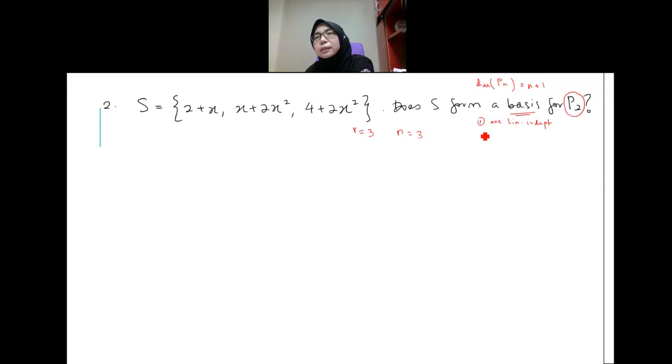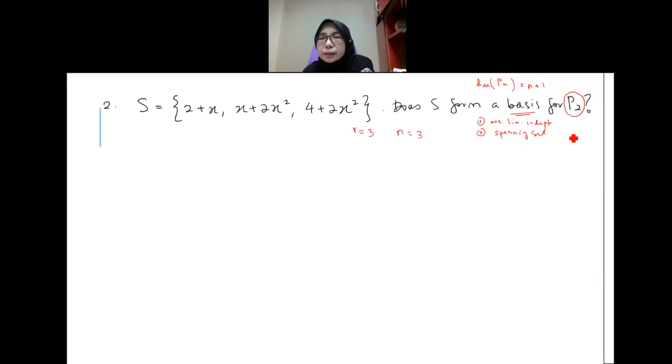And the second condition for basis is that S is a spanning set. If these 2 conditions are satisfied, therefore S forms a basis, right?